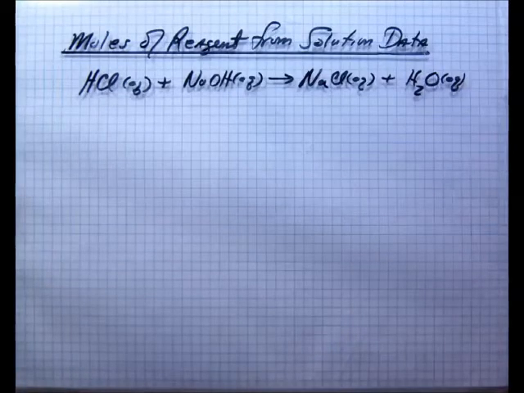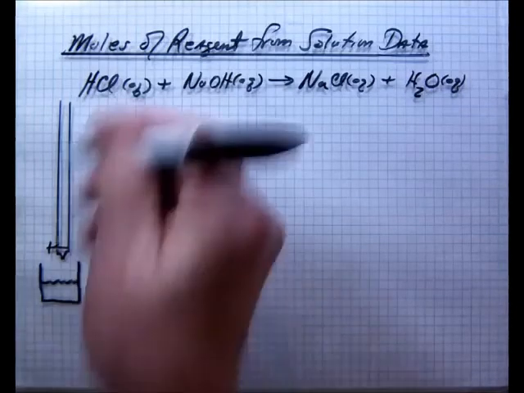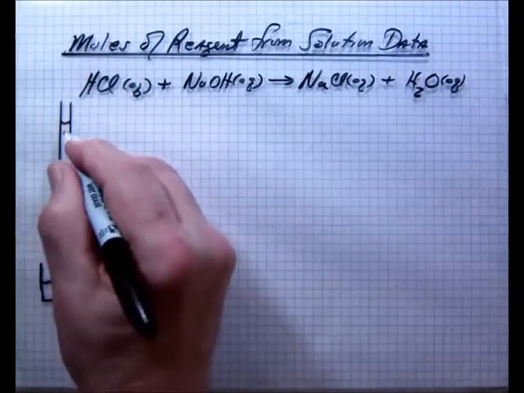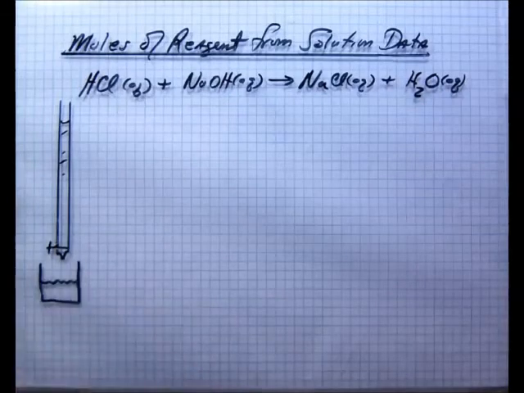But this now becomes the titration of one component into another. In this example, you can see it on the demo table. I have a burette, which contains a chemical here, and down here, I have another chemical.